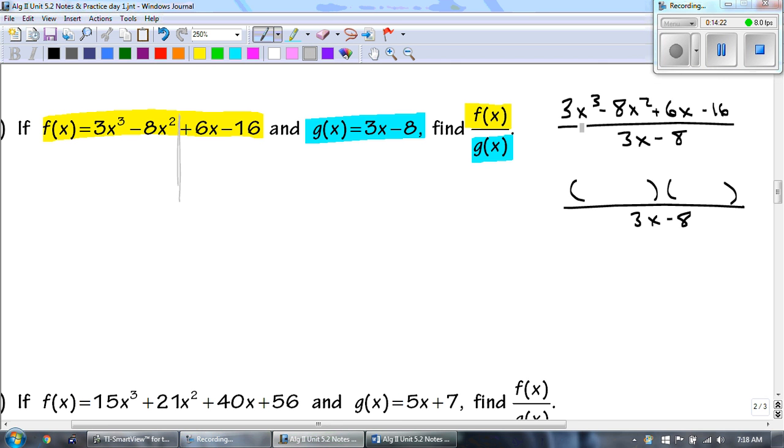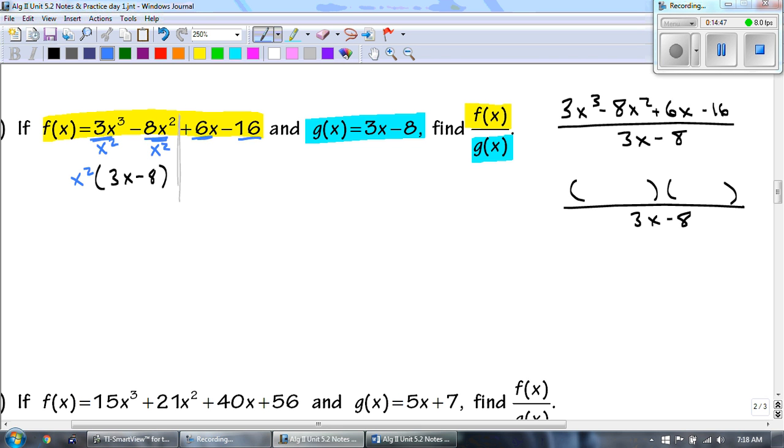So now, if you're having trouble factoring, something's going to cancel, so I know I need to somehow get a 3x minus 8 out of here. So when I'm looking at that, that helps me know that in the first group, I'm only going to take out an x squared because I want my remainder to be 3x minus 8.